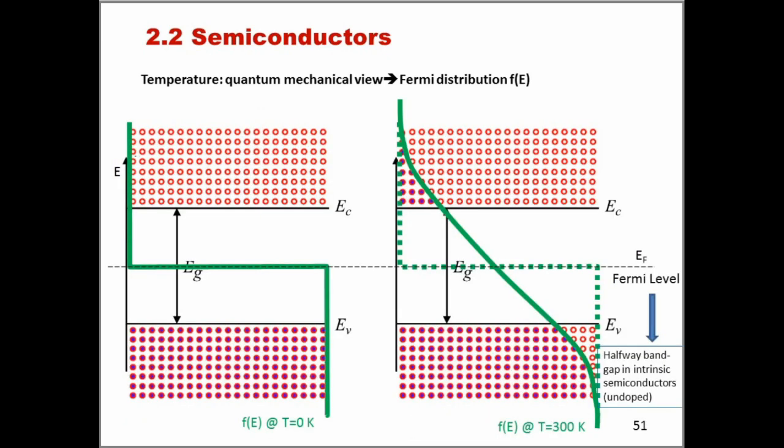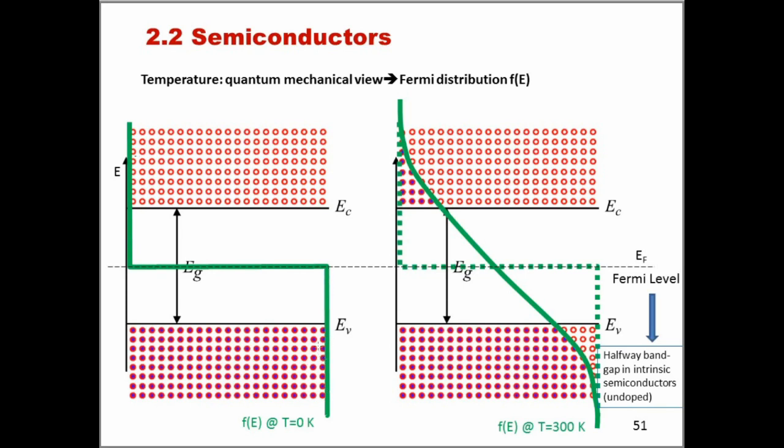Okay, just to conclude on this point, on the quantum mechanical view of what really happens with the temperature. If we are at 0 Kelvin, the Fermi function is effectively a step function and has this form here, the green curve.